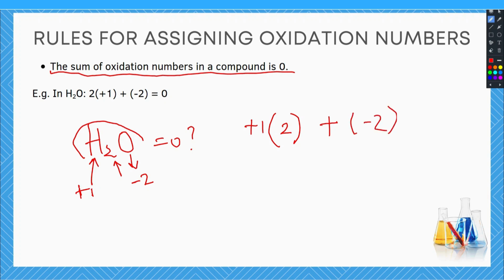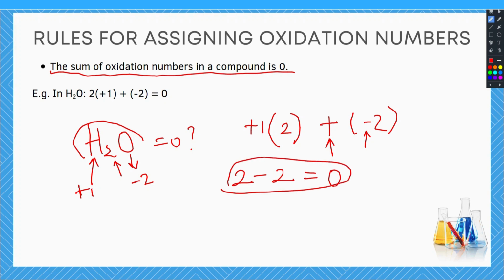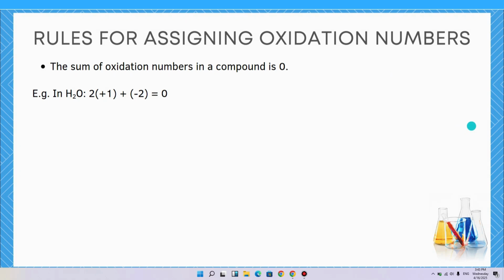Let's add everything together and see what we'll get. +1 times 2 gives us 2. If we open the bracket, it becomes 2 minus 2. 2 minus 2 gives us 0. So we have proved that law that says the sum of oxidation numbers in a compound is equal to 0. I hope you are following.